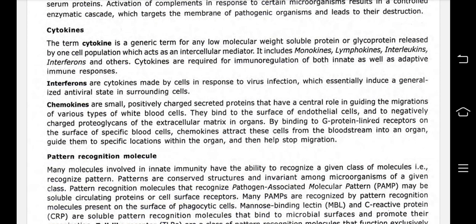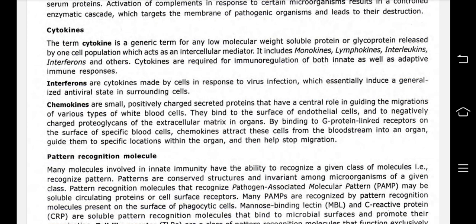Cytokines are small, positively charged secreted proteins that have a central role in guiding the migrations of various types of white blood cells. They bind to the surface of endothelial cells and to negatively charged proteoglycans of the extracellular matrix in organs.